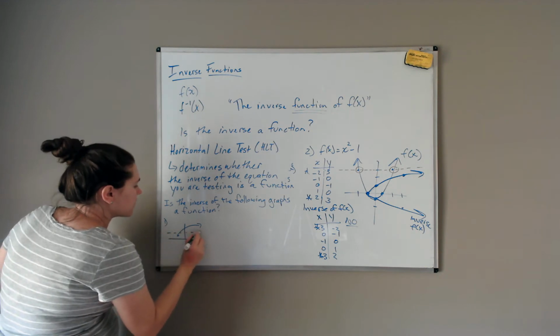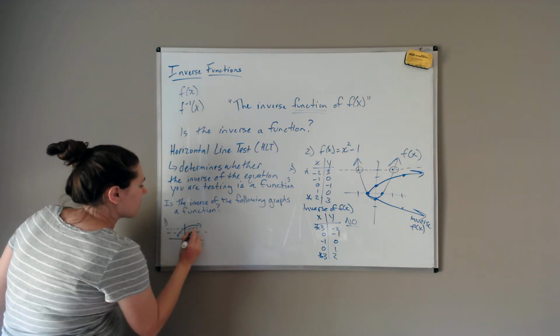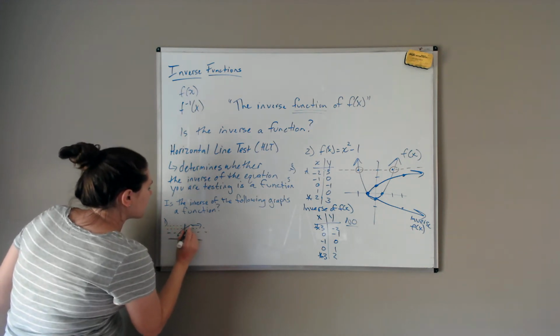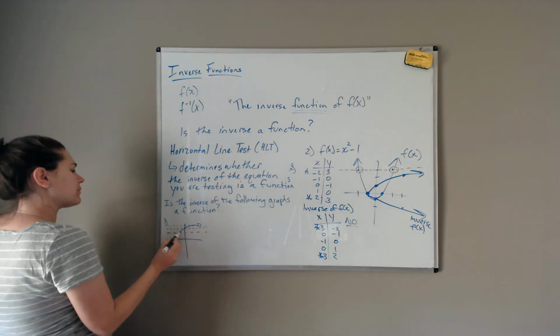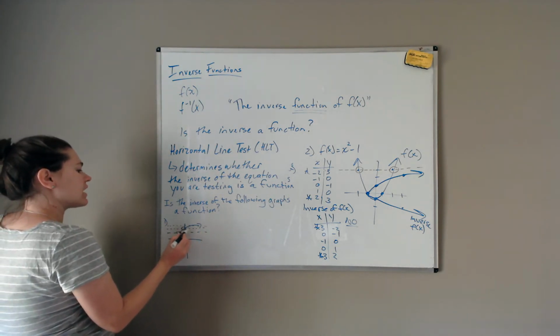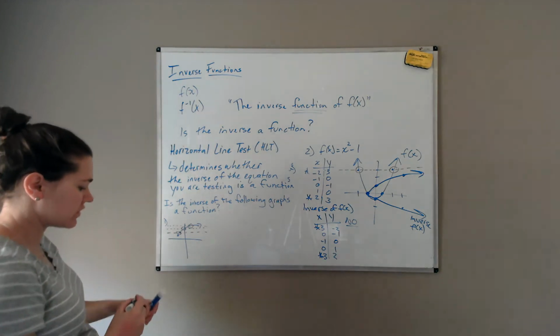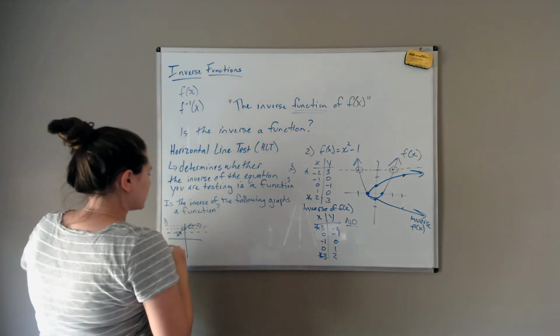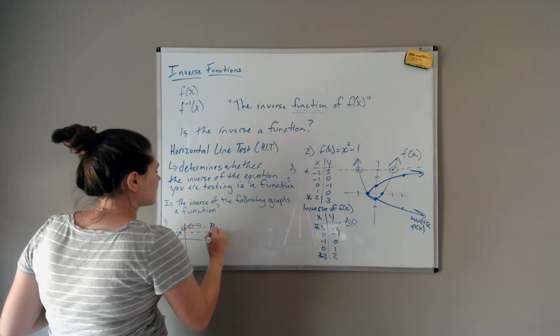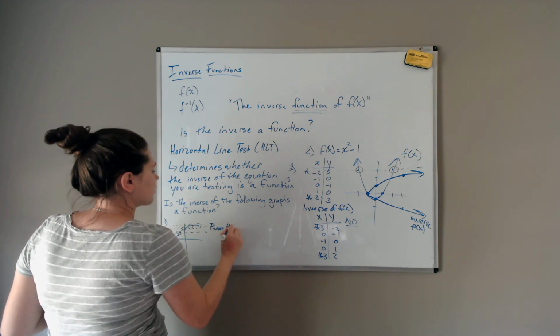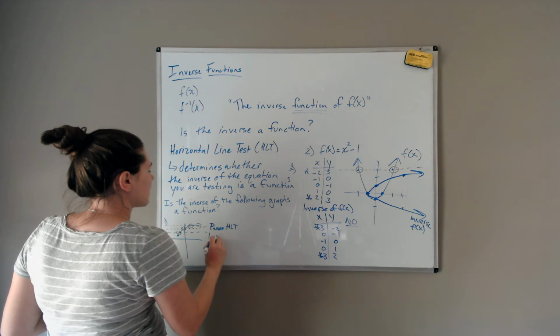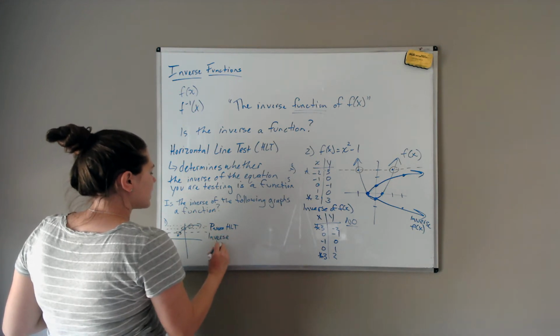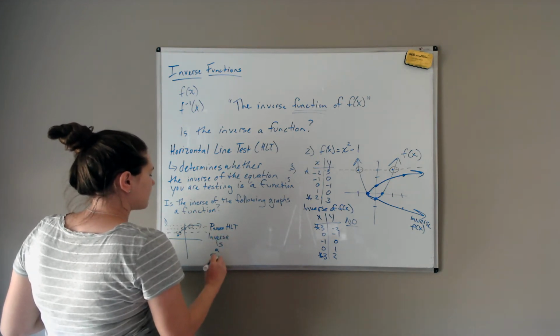And if there's any place where I would fail, that means my graph would hit any horizontal line more than once? And the answer to that is no. This passes the horizontal line test. So since it passes the horizontal line test, it means that the inverse is a function.